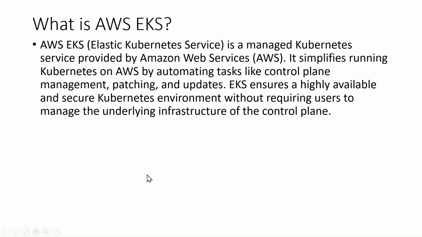Now we'll try to understand what EKS, Elastic Kubernetes Service, is. It is a managed Kubernetes service provided by AWS. When you see the words managed service, think that it's completely elastic.